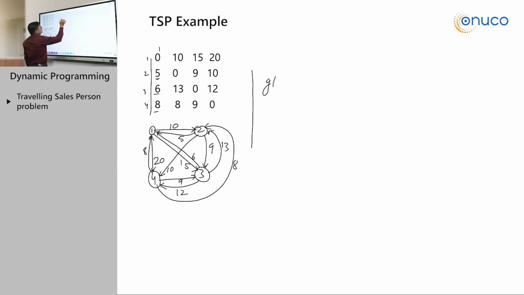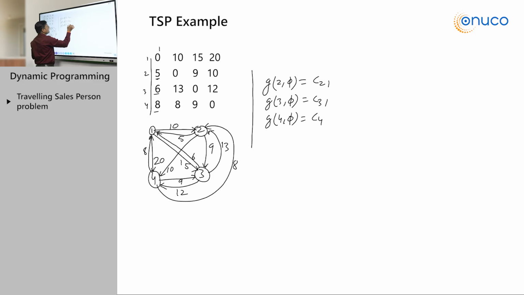So first we are going to find the values G of 2, empty set, G of 3, empty set, G of 4, empty set. Why? Because we don't have any vertex in the set of vertices: 2 minus 2 is 0, 3 minus 3 is 0, 4 minus 4 is 0. This can be written as C of 2, 1, C of 3, 1 and C of 4, 1. At the beginning, to represent this, the value is 5, this value is 6, this value is 8.